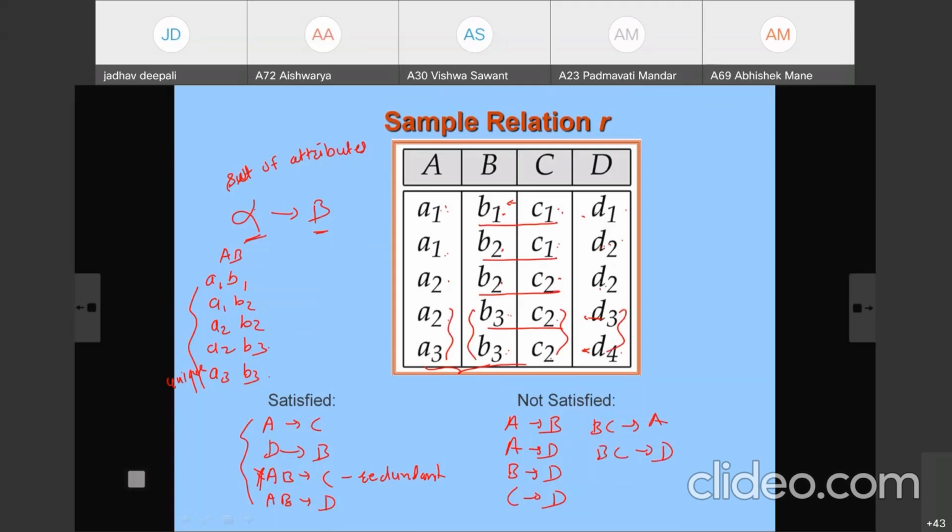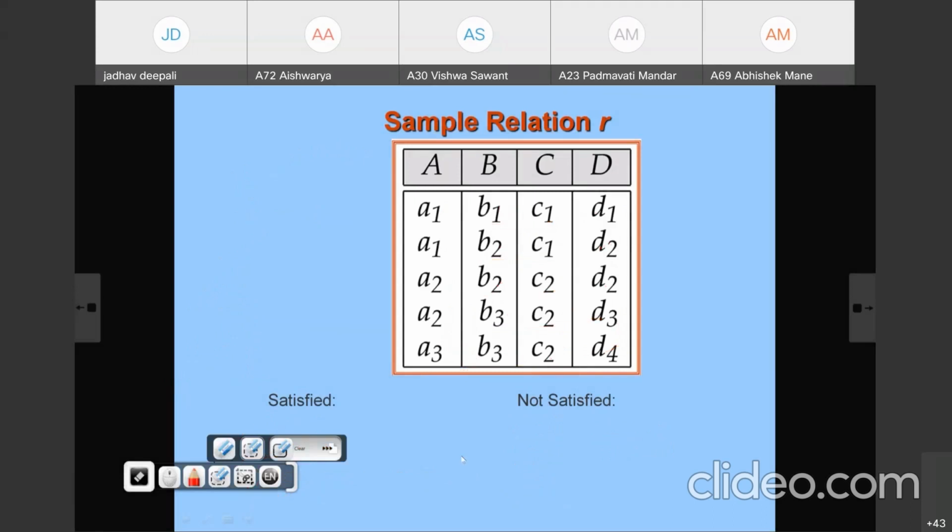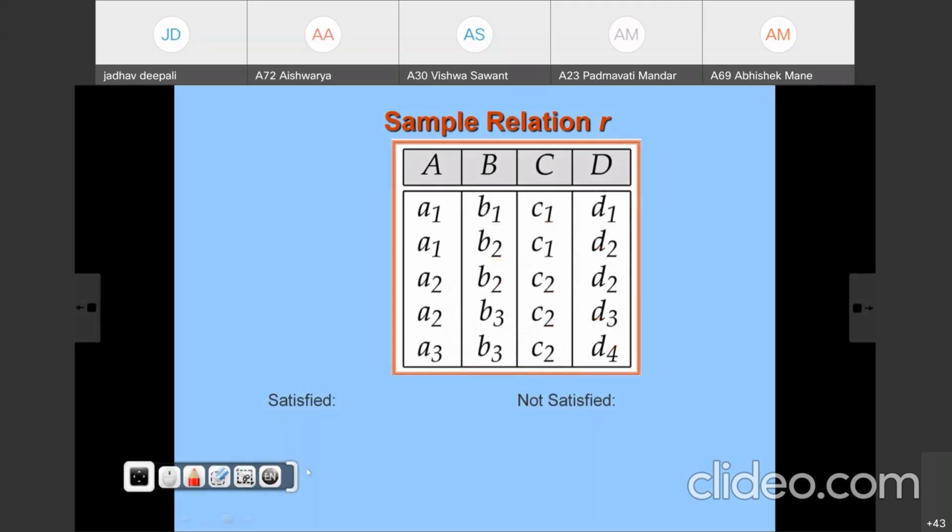Later we are going to see in detail how to identify the functional dependencies from the given relation. Here we identified only by looking at this instance, whatever the values are given here, accordingly we identified the functional dependencies.